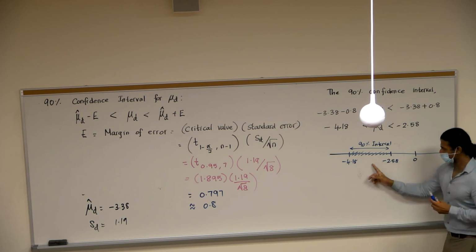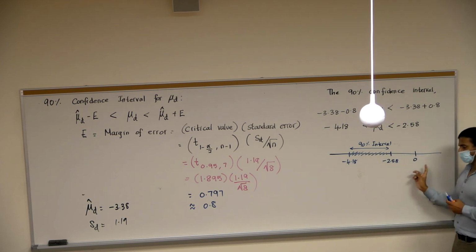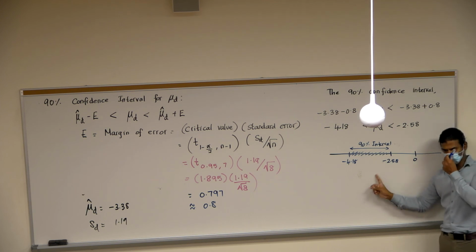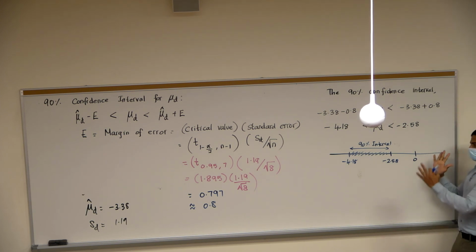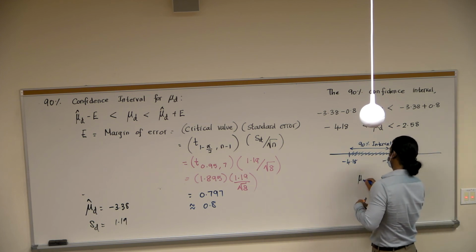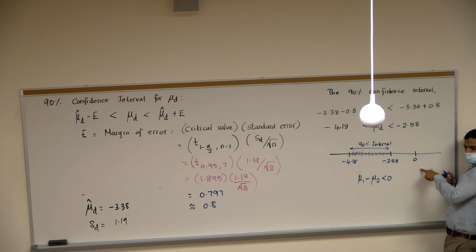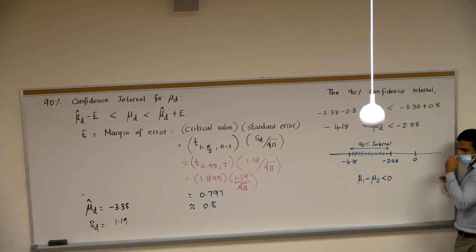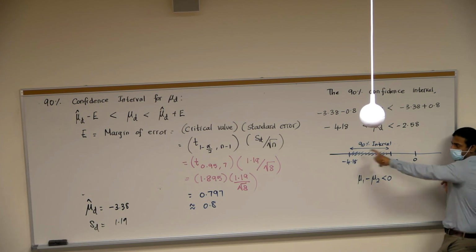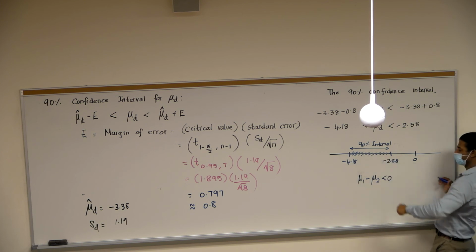So our 90% interval is way off from 0. 0 does not fall in that interval. So clearly we have mu1 minus mu2 to be less than 0. There is no possibility based on the sample that it will become 0 because the entire interval is on that side.